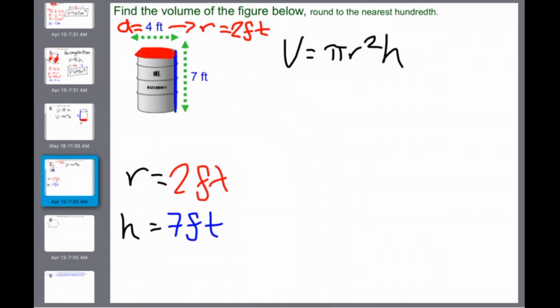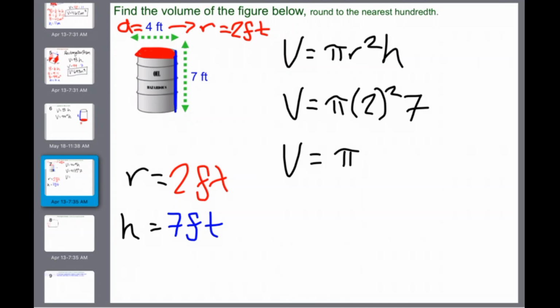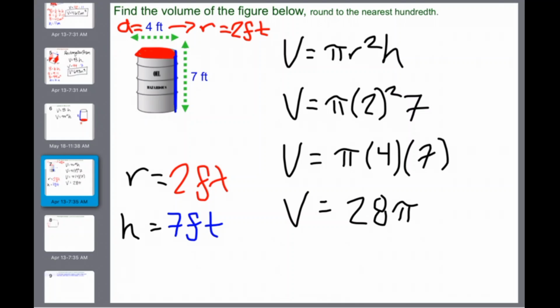Alright, now all we got to do is plug it into our equation. So we have our volume is pi times the radius of 2 squared times the height, which is 7. Alright, so we have 2 squared is 4, and then we have 4 times 7 is going to give us 28, then that's times pi.